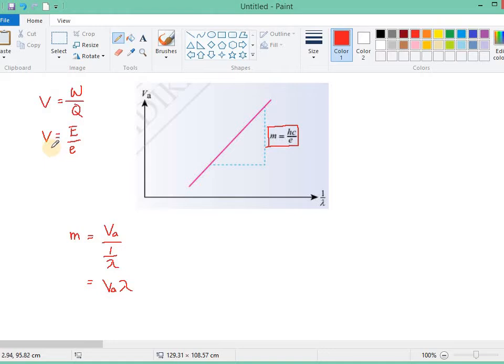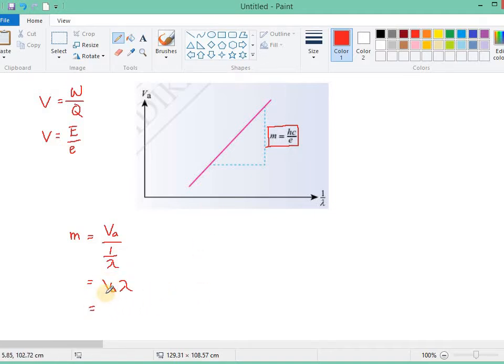So basically, the activation voltage will be the amount of energy needed to make one electron escape, that means to have the photoelectric effect.